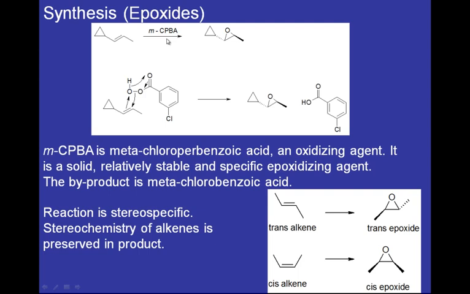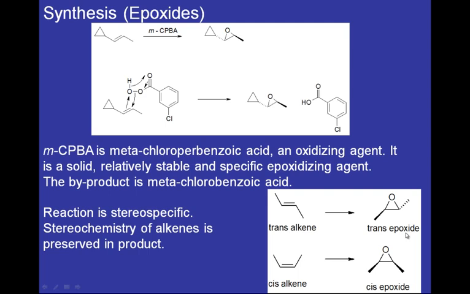What happens here is that when you take an alkene and you treat it with this reagent, it will turn into an epoxide. The other thing is that it's going to be a stereospecific reaction, which means that if you start with a trans alkene, you'll end up with a trans epoxide.